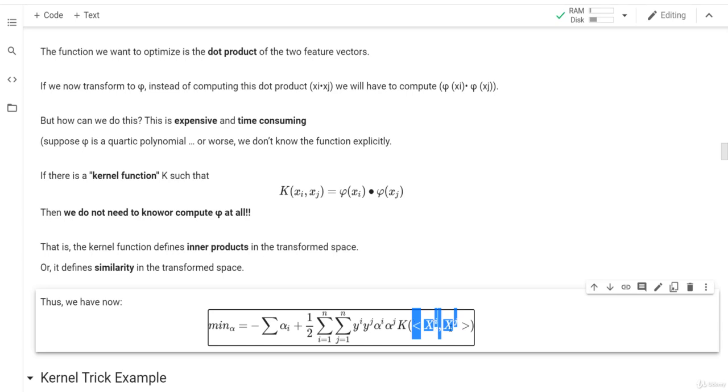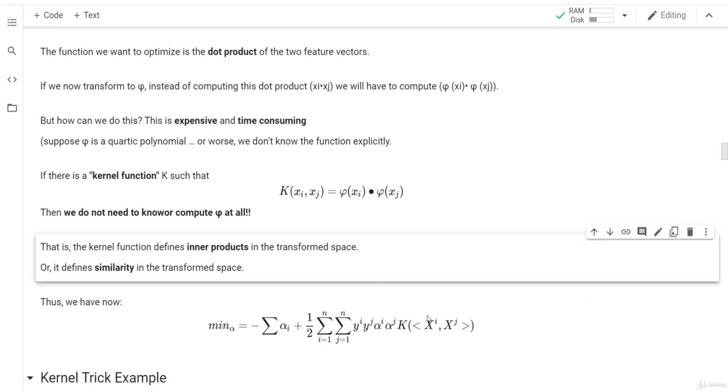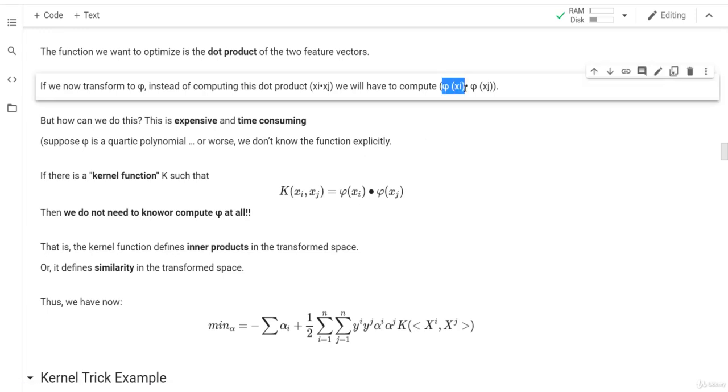So we will compute the dot product just like any machine learning algorithm, and after we compute the dot product between them, we will just see what the value should be in the kernel. This is basically what happens using the kernel trick. We don't really need to compute phi of xi and then phi of xj and then compute the dot product between them. This is very time consuming and expensive.